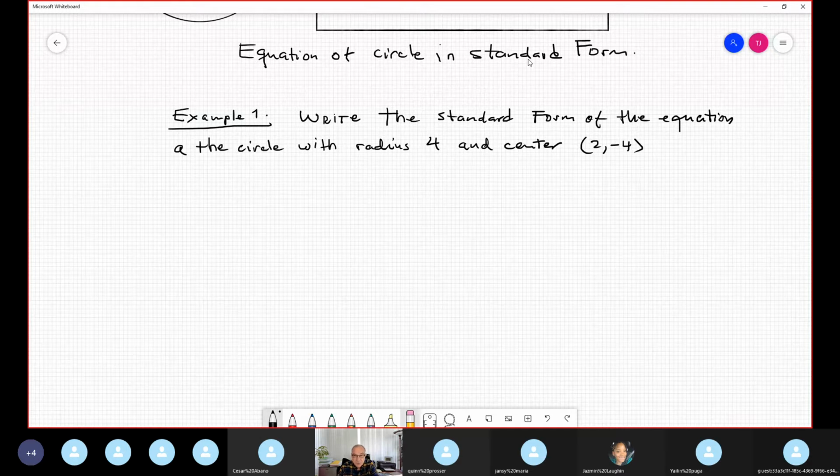So for the circle we need two pieces of information. We need the radius, which is the distance from the center to any point on the circle, and the center. This is the most important point. I studied that the formula is (x minus h) squared plus (y minus k) squared equal to r squared.